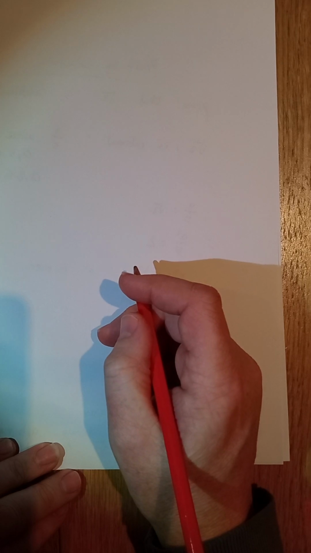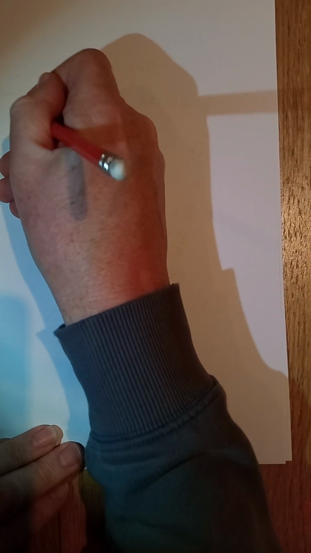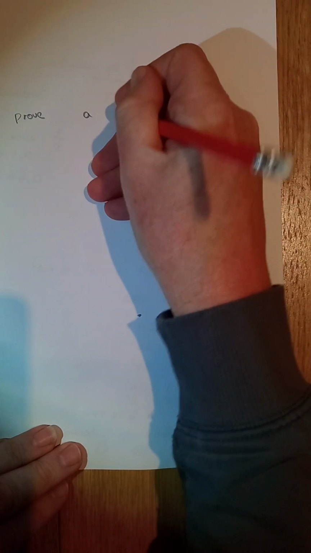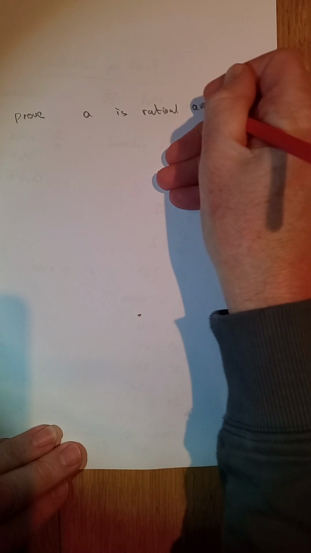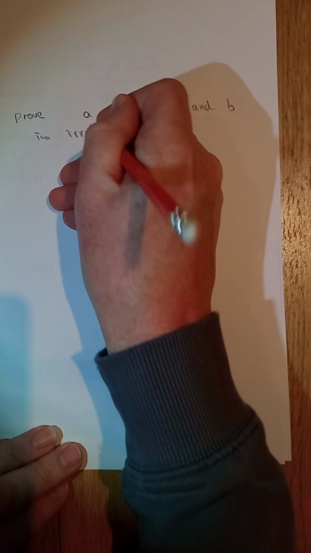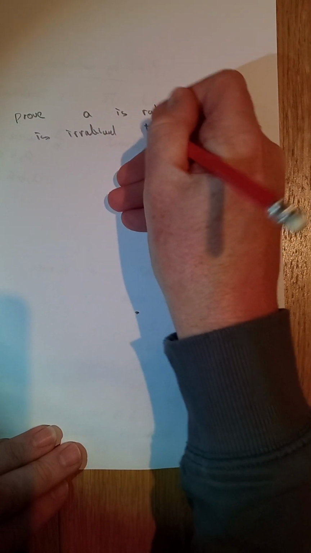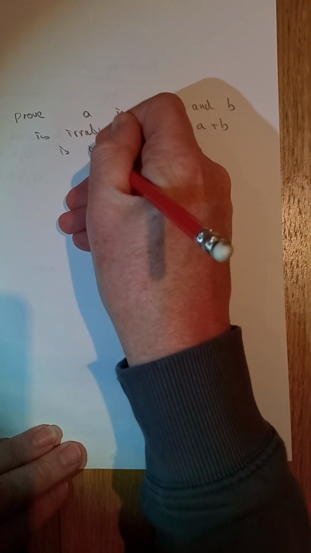Okay, so there's another one. I'm going to prove that if a is rational and b is irrational, then a plus b is irrational.